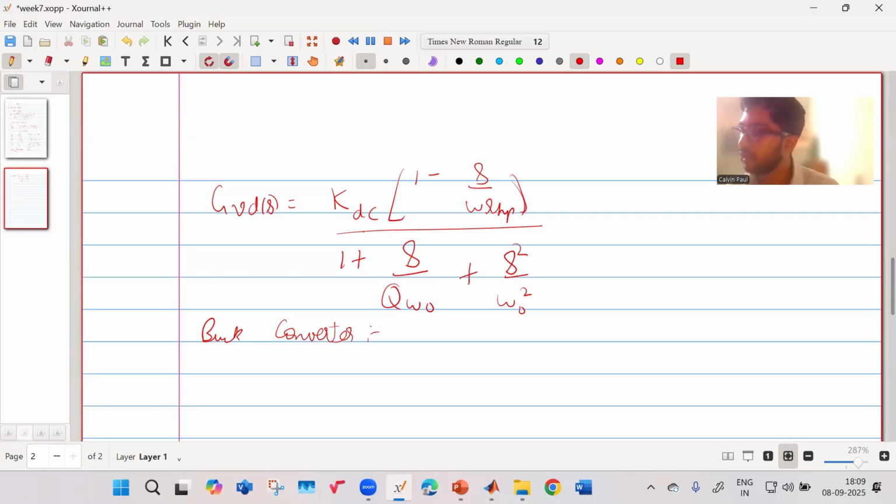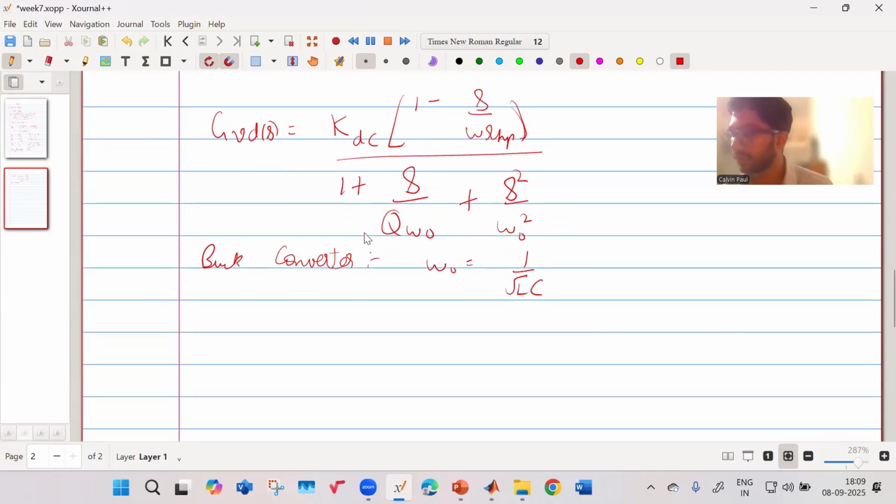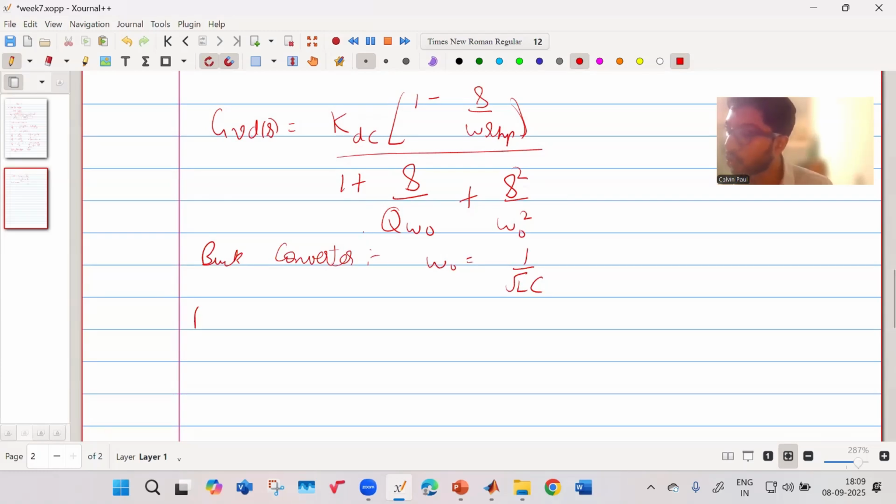Okay, for a buck converter, omega naught is 1 upon root LC. For your boost converter, what is your omega naught? It is (1 minus D) by root LC.